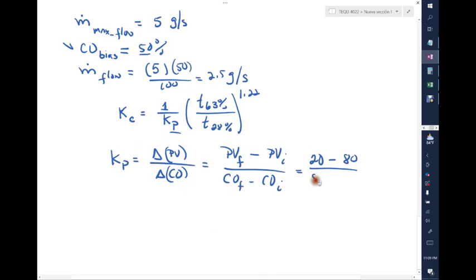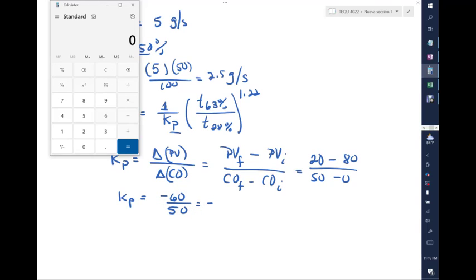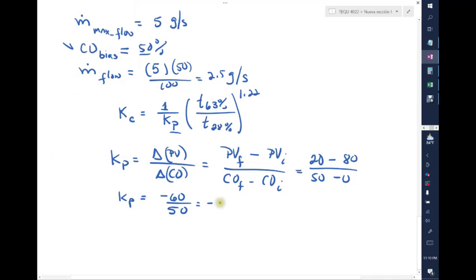What is the final? 50. What is the initial? Starts at 0. So we end up that Kp for this particular run is going to be minus 60 divided by 50, or negative 1.2.